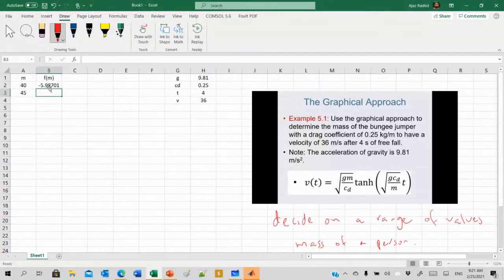Don't forget that when we are writing the function of mass, we are taking velocity to this side to make it equal to 0.